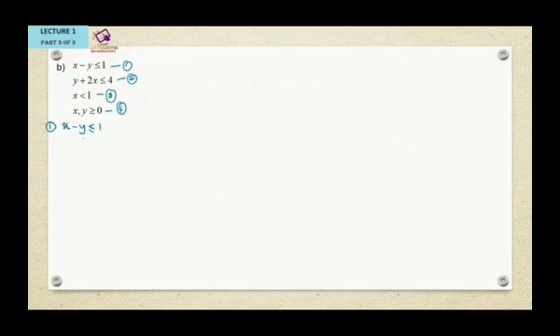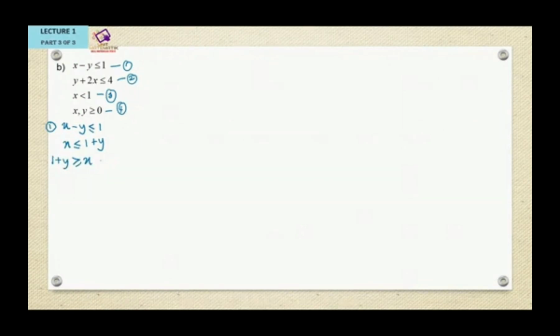Since here we have y on the left hand side but it is negative, we need to rewrite the inequality. So it will be x less than or equal to 1 plus y, so that y is on the left hand side: 1 plus y greater than or equal to x.